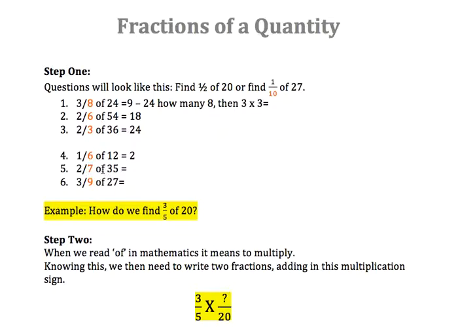So 7 fits into 35 5 times. Now I need to multiply 5 by 2, which is 10. And now, how many times does my 9 fit into my quantity of 27? It fits in 3 times, and now I go 3 times 3, and that answer is 9.